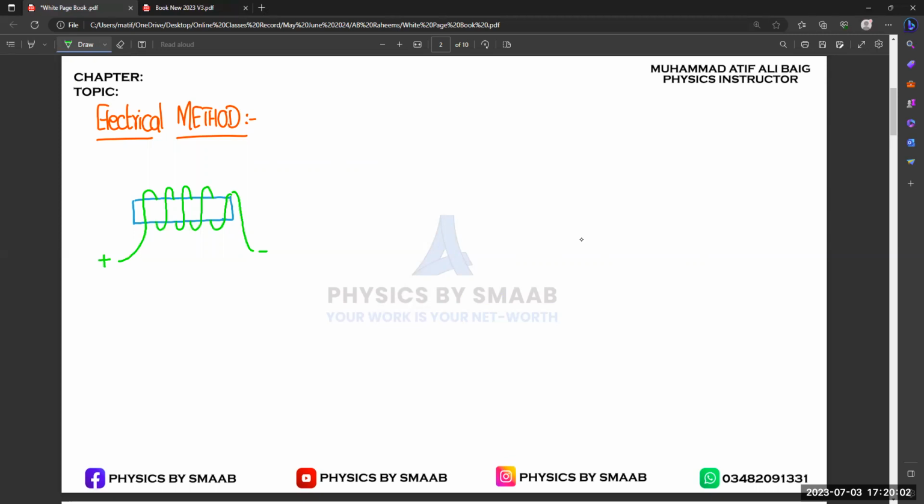And we know that when current starts flowing through the conductor, there will be a magnetic field around the wire, right? We also discussed that concept in the electromagnetic induction chapter, that is the last chapter of this section, right?